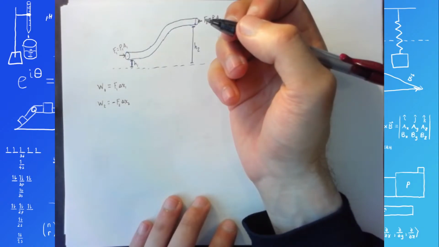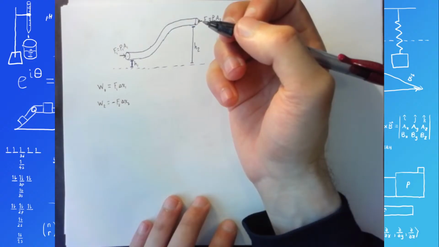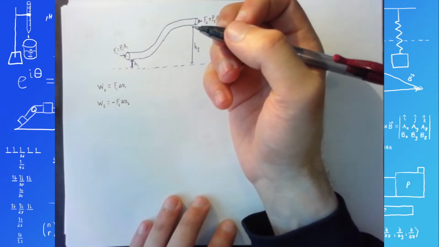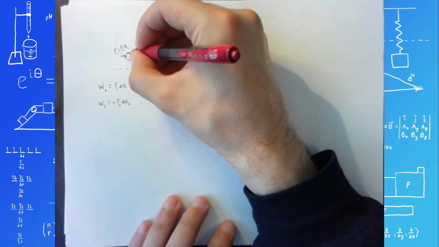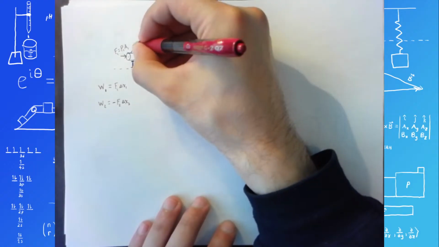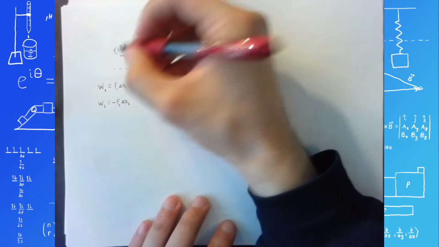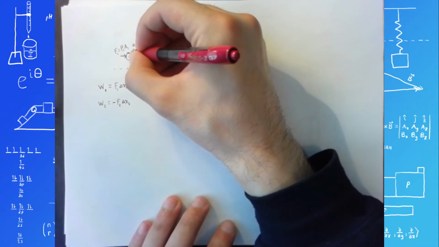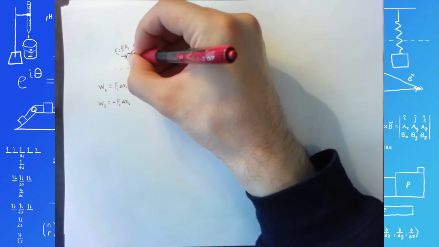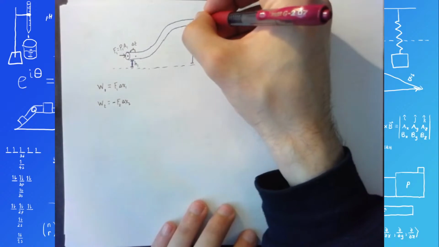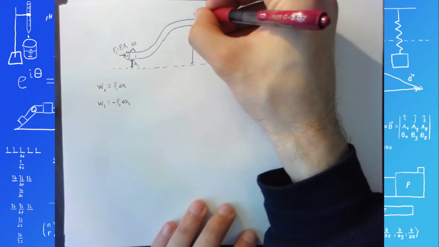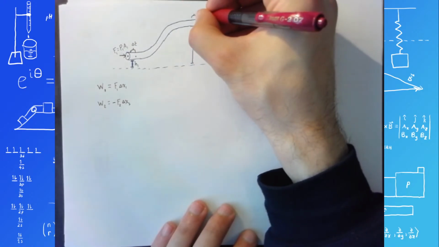We would assume that this is occurring over a small amount of time delta t, in which the fluid moves from this point to this point at the bottom, and over here at the top, similar business for that same amount of time delta t.